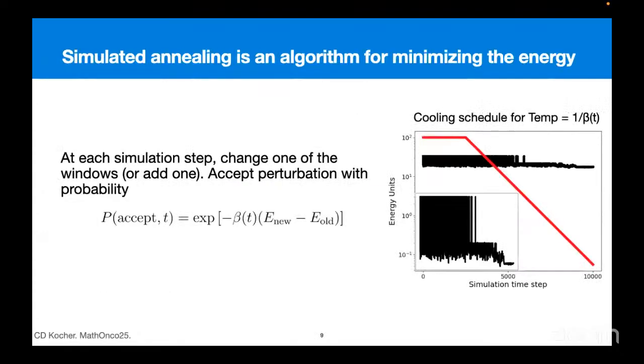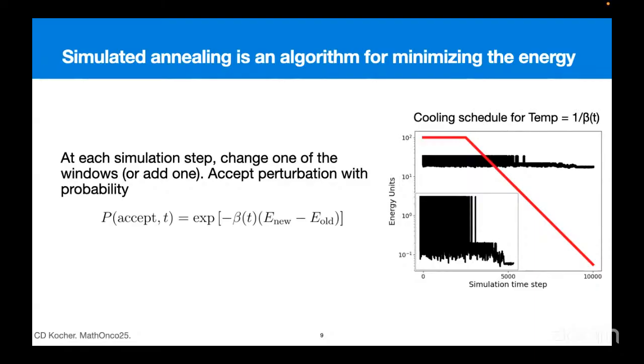Just on what simulated annealing is for people who aren't familiar with it, it's an algorithm inspired by statistical mechanics. And what you do is, say you have a treatment schedule, and at each time step, you make a change to it. So you add a drug, you change one of the drugs you're using, you take a drug out, something like that.